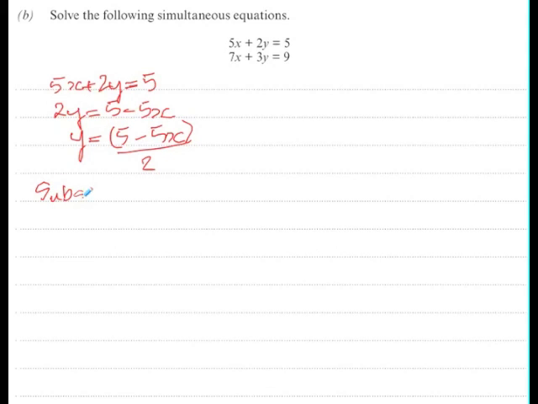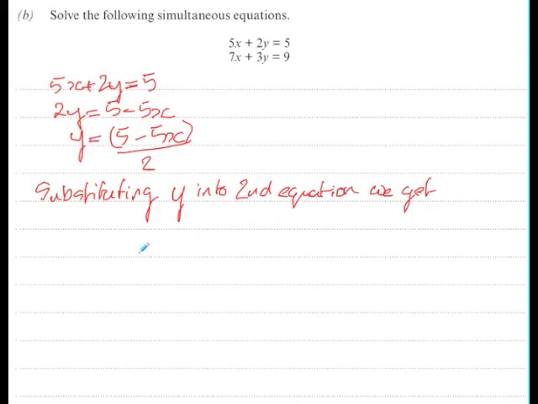Substituting y into the second equation, we get 7x plus, and we're putting y in here, so we got 3 times (5 minus 5x) over 2 equals 9.